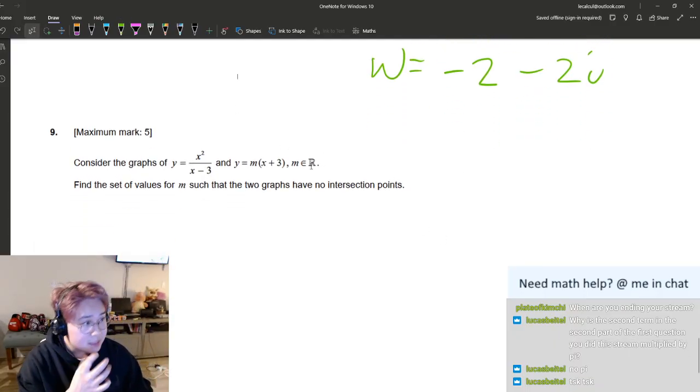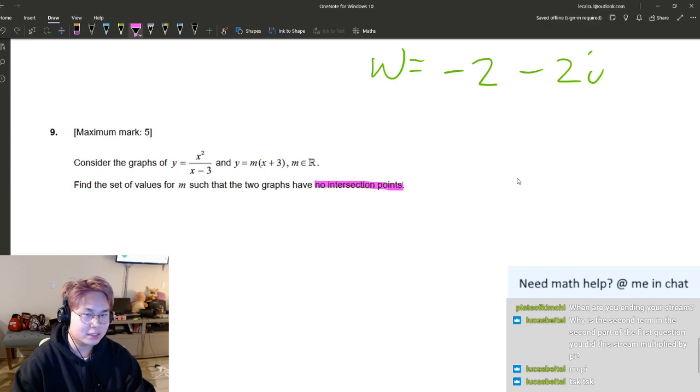Okay, consider these two graphs. Find the set of values where they do not intersect. So this part right here, no intersection point, to me really signals that I should be using a discriminant.